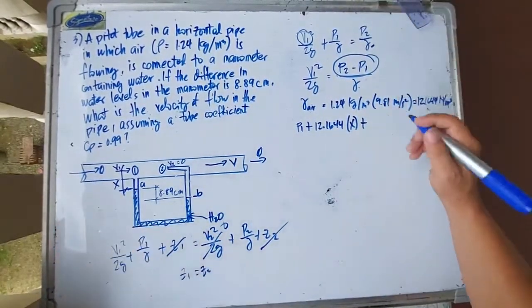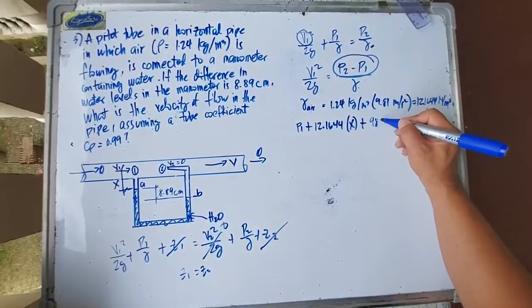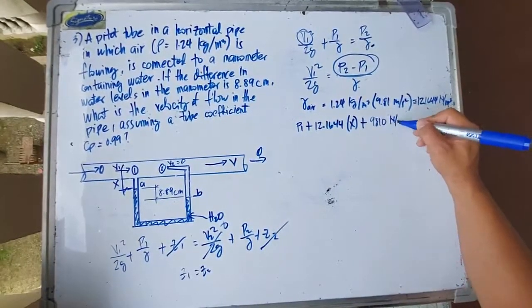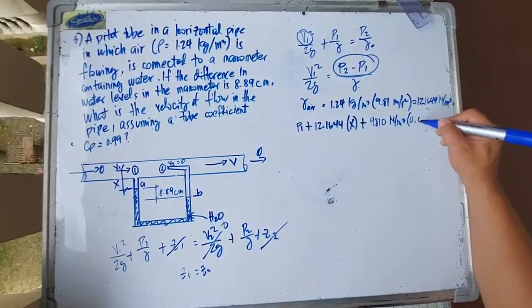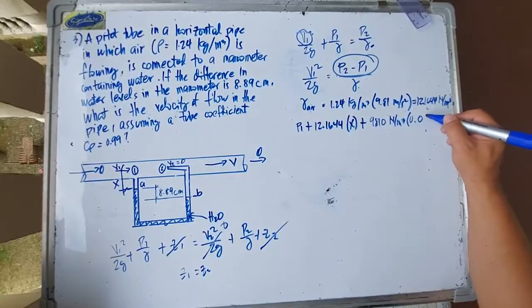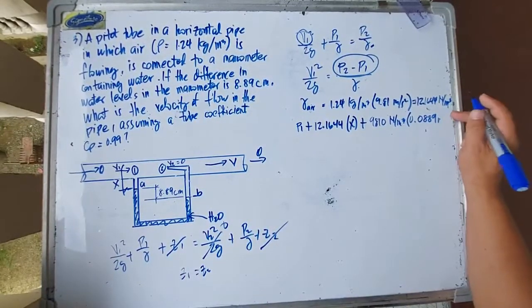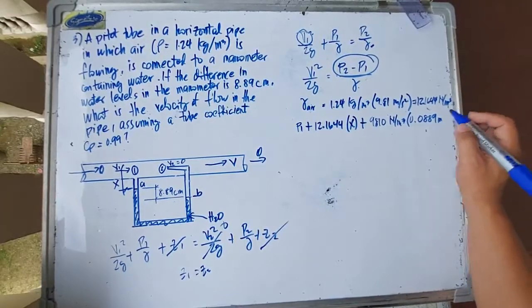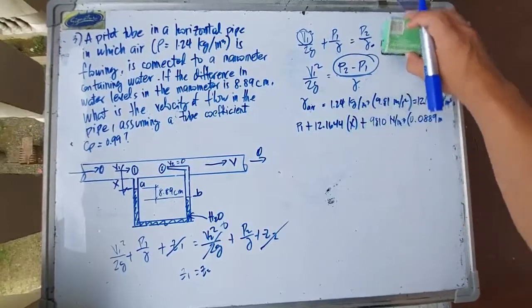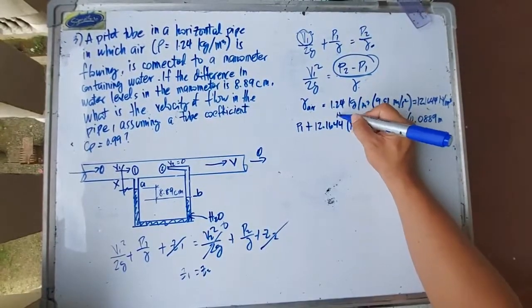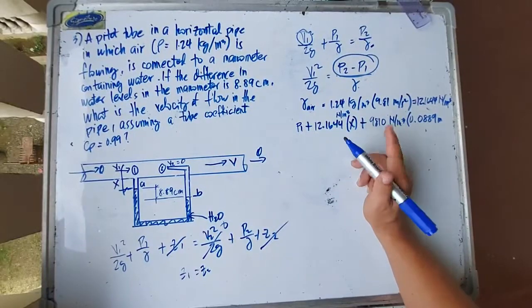The liquid is water, so gamma of water is 9810 newtons per cubic meter times the height of water, 0.0889 meters. Let's put the units: this is in newtons per cubic meter, and X is in meters here.